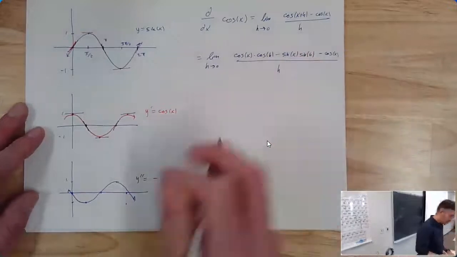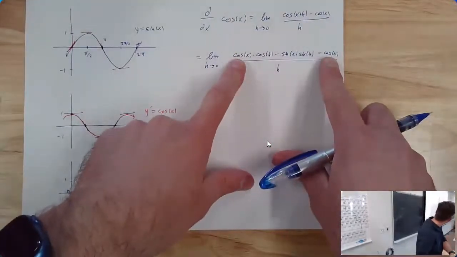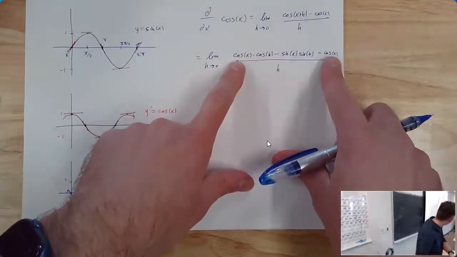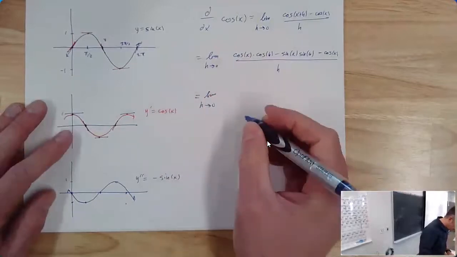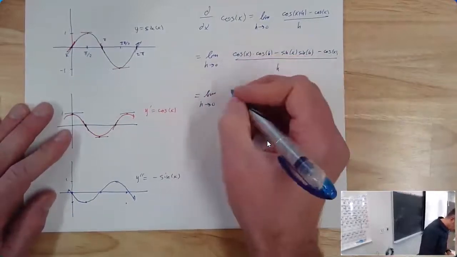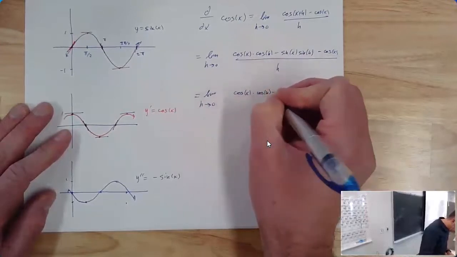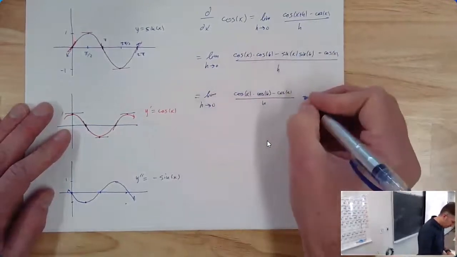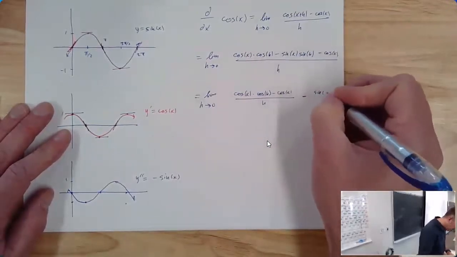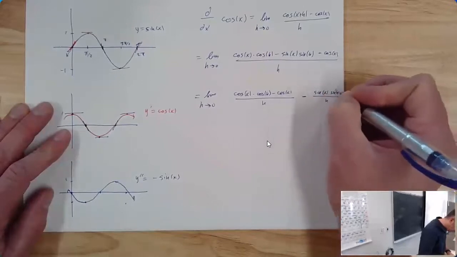And then we do the same sort of thing we did for the sine one, which is we group the two pieces together that have a similar thing. I see a cosine x there and a cosine x there. So we're going to write this as the limit as h approaches 0 of cosine x times cosine h minus cosine x all over h, and then this other piece, minus sine x times sine h all over h.